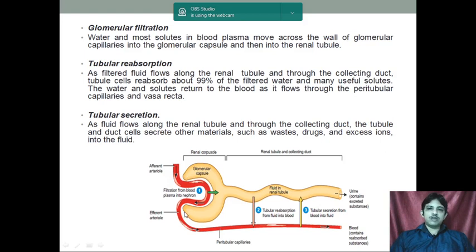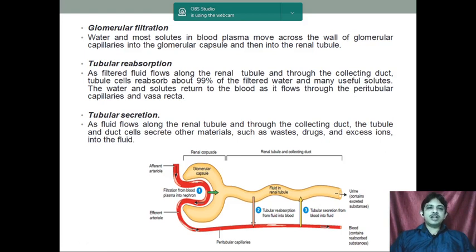From the blood circulation, a large amount of water as well as the solutes present in the blood plasma enter the nephron through the glomerular capsule. This particular phenomenon is known as glomerular filtration.